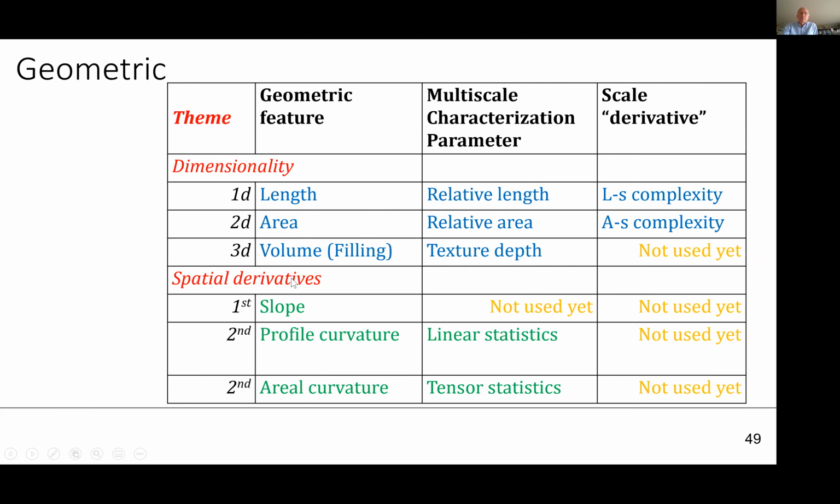If we look at spatial derivatives, the first derivative of the position spatially is the slope. The second derivative is kind of the curvature, and we can do profile or areal. And so the scale derivatives of these we haven't used yet. So we're trying to organize things a little bit like a periodic chart and seeing what's missing as we go through these things systematically.